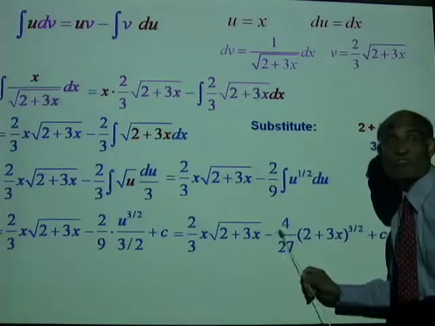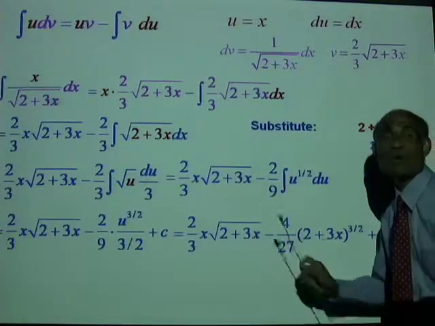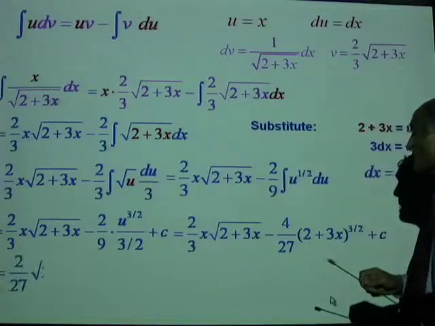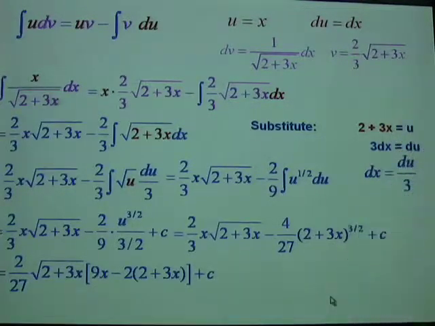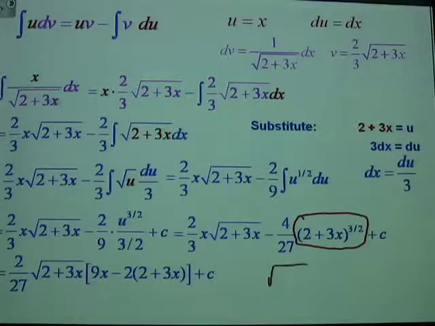So I can actually factor out a square root 2 plus 3x, can't I? I hope you understood this. Let me write down that for you. You see, this quantity 2 plus 3x to the power of 3 over 2 is actually square root 2 plus 3x times 2 plus 3x.